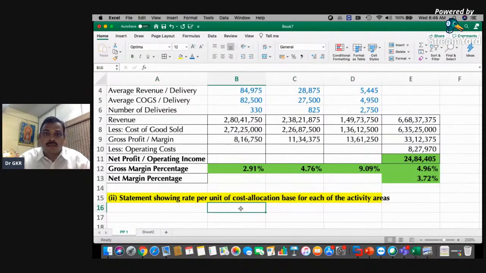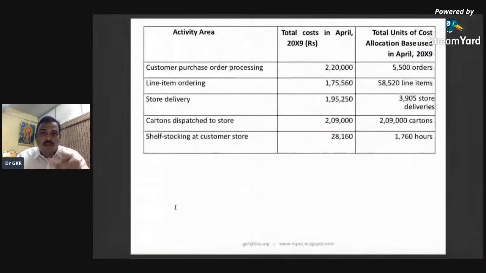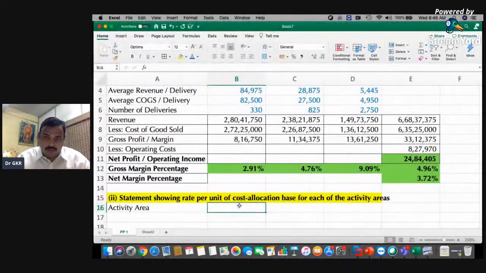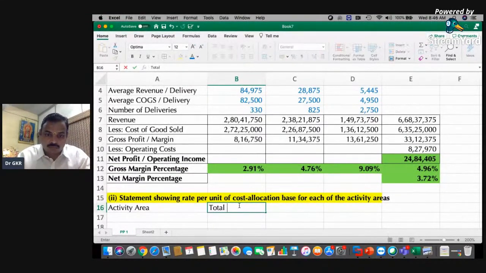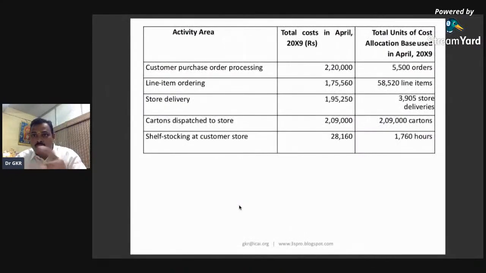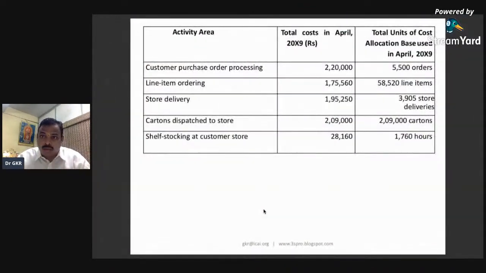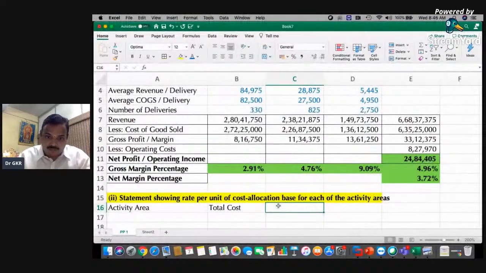So what is your activity area? We'll have this here. Activity area. What is your total cost for April? And what is your total units of cost allocation base? So this is called the cost driver.